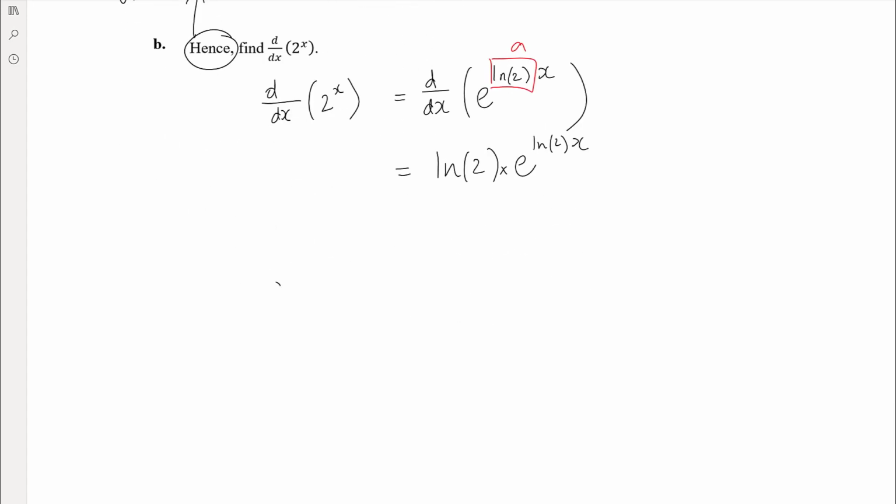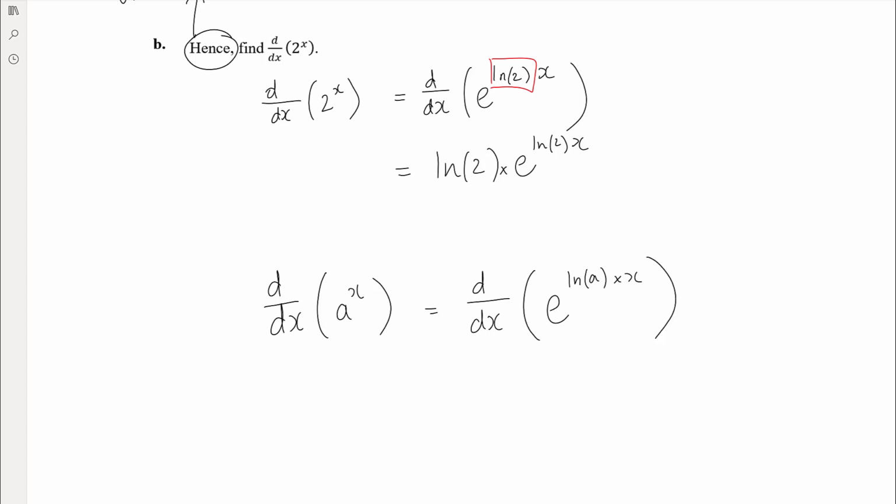And that would obviously be true. We could extend that to any exponential with another base. The derivative of a to the power of x: a to the power of x could be written as e to the log e of a times x, and so the derivative would be log e of a times e to the log e of a times x.